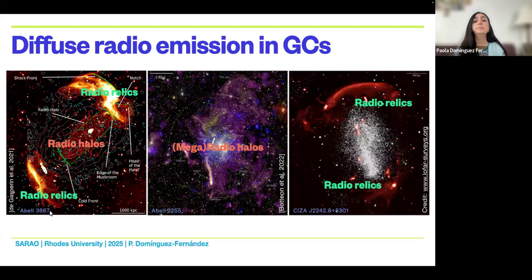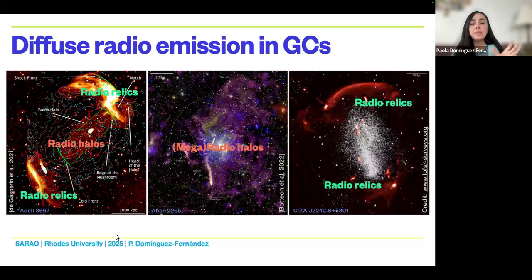in the ICM. On the other hand, we also observe diffuse radio emission at the center of galaxy clusters, and these we call radio halos. Now, there are a lot of new observations with higher resolution, and you can go even deeper.